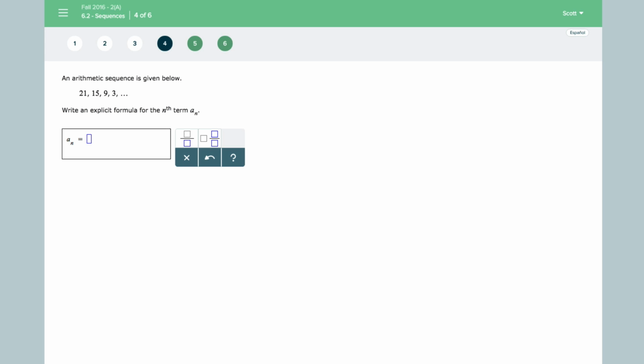Same thing here, y equals mx plus b, so what's going on? We're going minus 6, minus 6, minus 6, so we've got minus 6 as our change. So y equals minus 6x, and what would our other number be? So we've got plus 6 here, plus 6, plus 6. What's 21 plus 6?